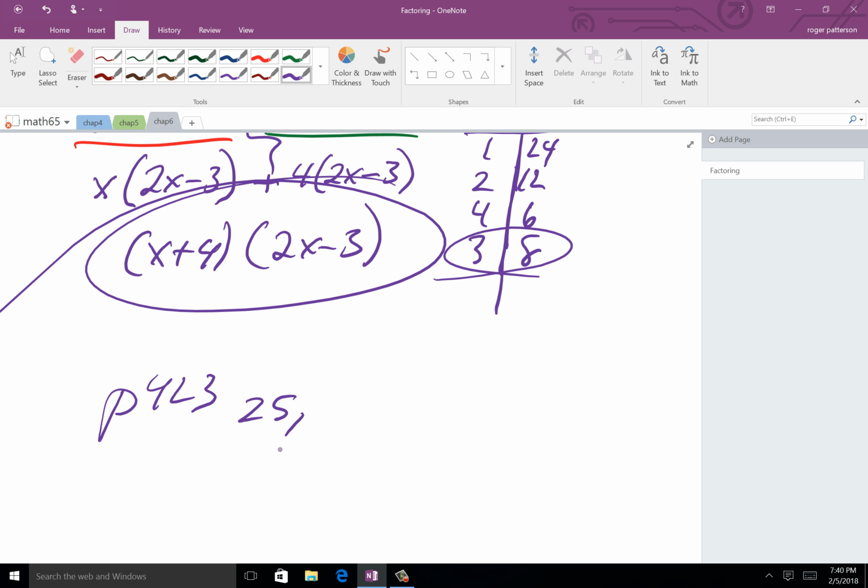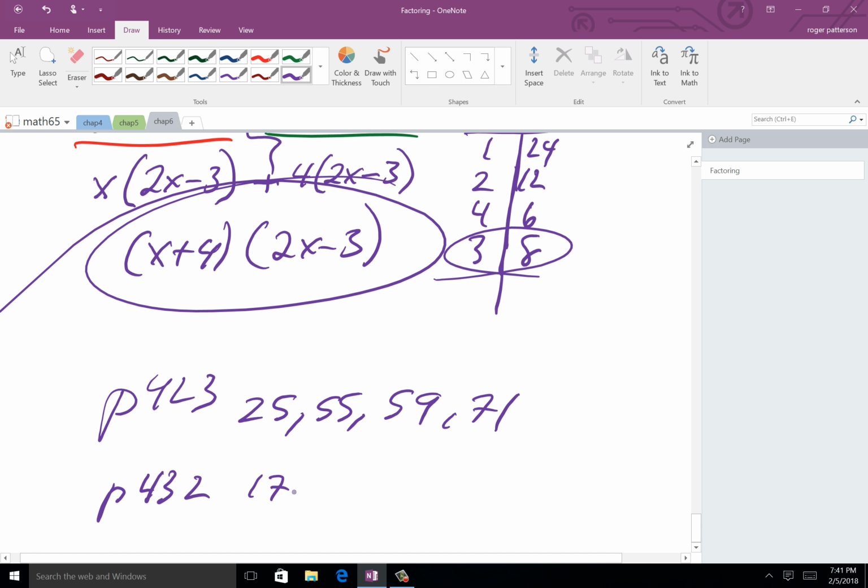Odd. At least we got odd ones. You can check your answer. 59 through 77. 71. Page 432. Should be 1 to 3 now. 17.